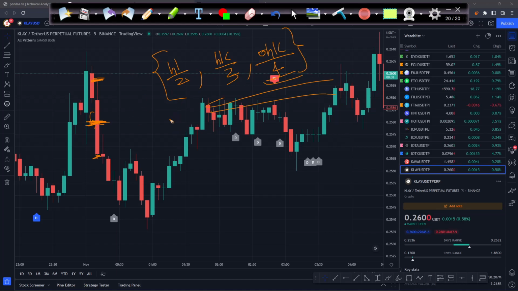So just for testing purposes, let's see. Its midpoint is here, around here. This candlestick tested that. Now this midpoint is here, so it didn't test it. For this one, the midpoint is around here. The next candle did test this level here.